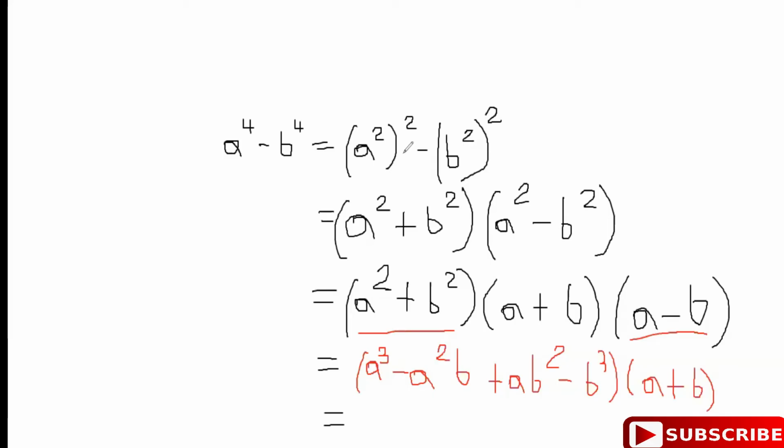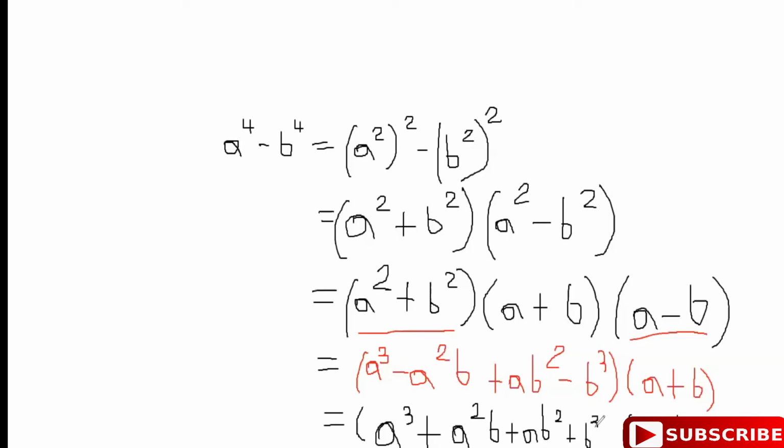Now, another way they could write it, because we have to look at it two ways, because they can always write it as a plus b times whatever is left, or they can write it as a minus b times whatever is left. So the other way is a squared times a, that's a cube, plus a squared times b, that's plus a squared b, plus b squared times a is ab squared, plus b cube.